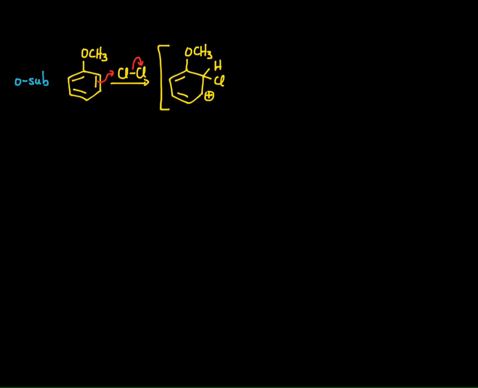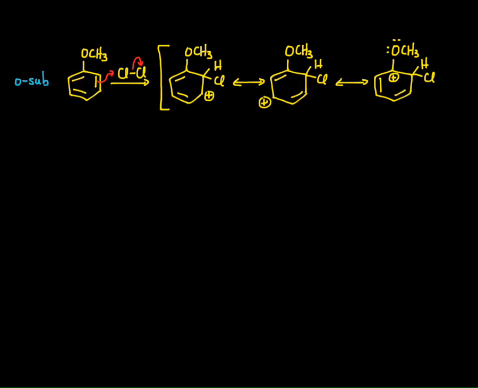And again, we can draw resonance structures of this where now I'm taking a pair of electrons, donating it to the carbocation, and I get a new allylic carbocation here, and then of course I can do this one more time and I get the allylic carbocation here.